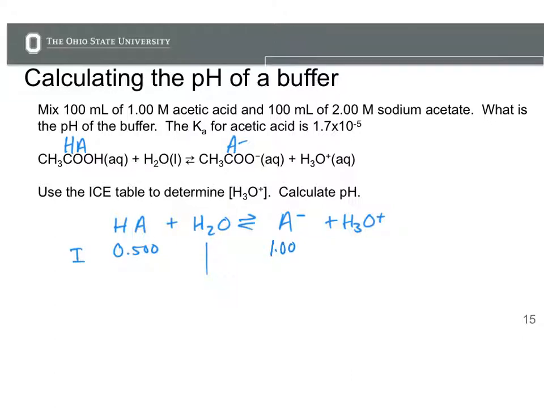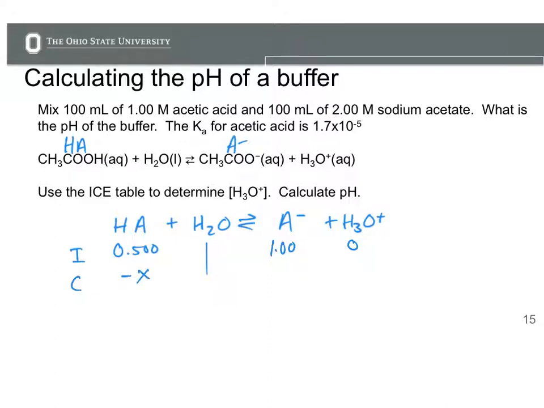Initial concentration of acetate ion of 1.00 and 0 in terms of the H3O plus. So you can see with just this initial setup on our ice table that this looks very similar to the common ion problem, which is good. Right. So you can see how these 2 sections are tied in together.